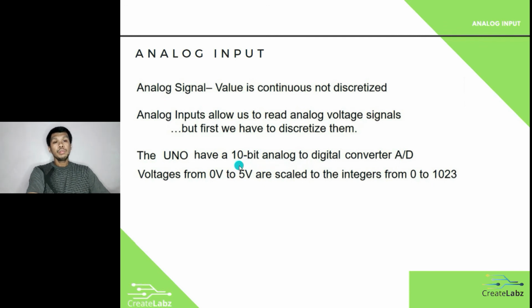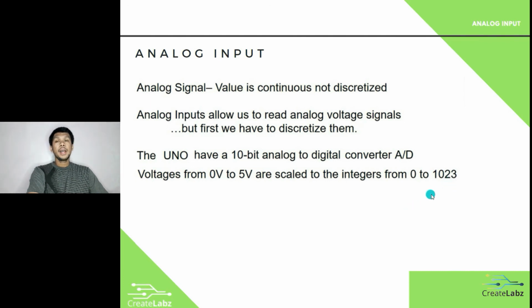The formula is 2 raised to 10, that's 1024. It means that we have 1024 digital discrete levels. So the analog voltage from 0 to 5 volts will now be scaled to integers between 0 to 1023. 0 as the very first value and 1023 as the last value. That's 1024 points or values all in all.